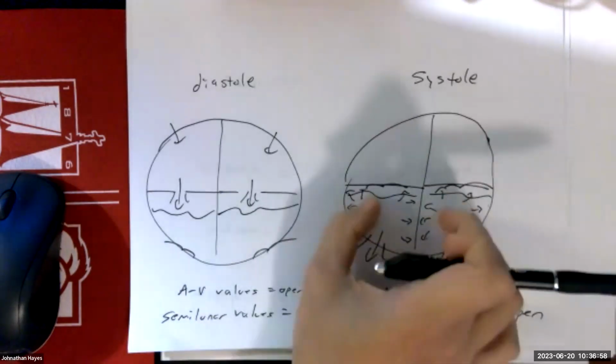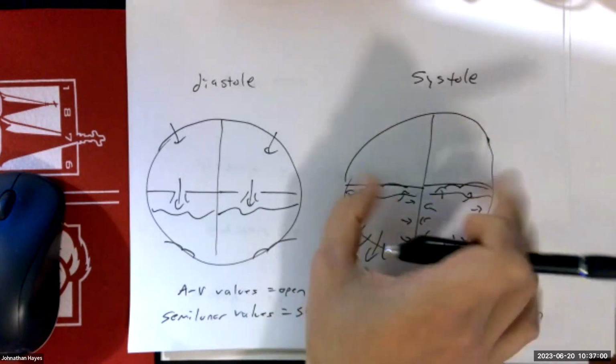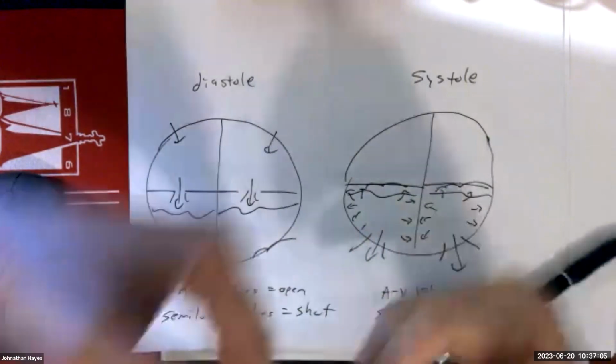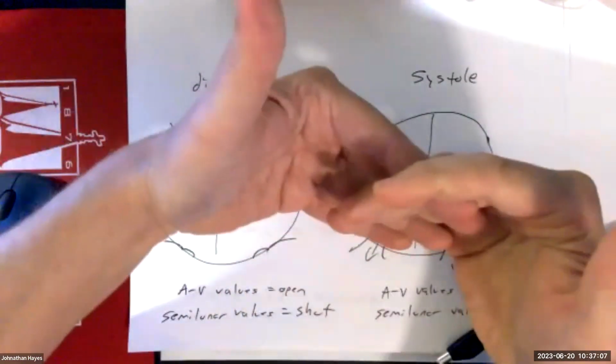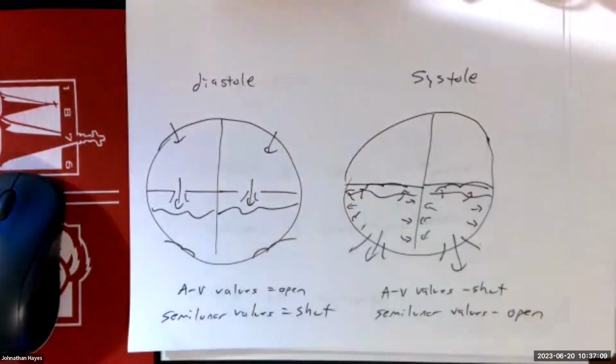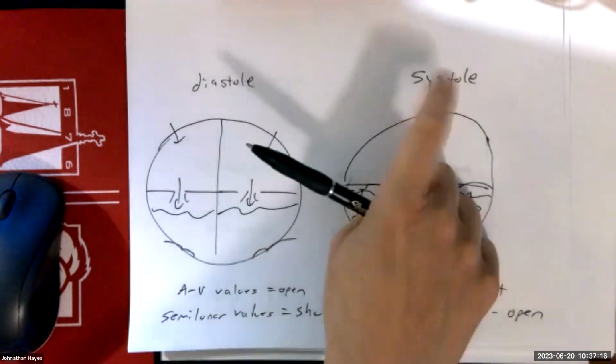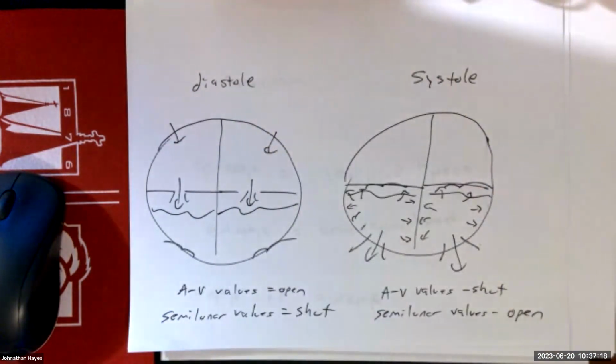When you're starting to build up pressure inside of here and the heart contracts on that volume of blood, it slams that AV valve shut. And so it goes, and that's what gives you that first lub heart sound. So S1 is the closing of that AV valve right at the beginning of systole.